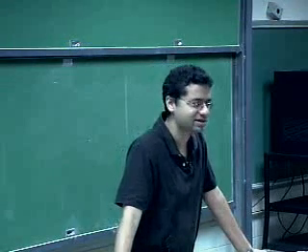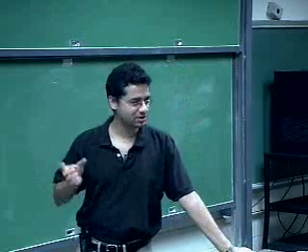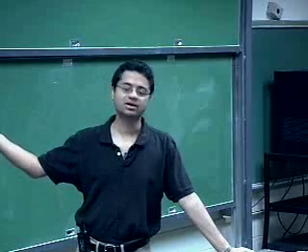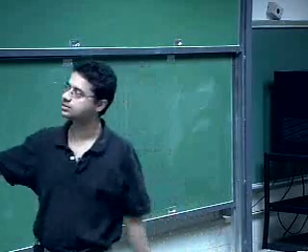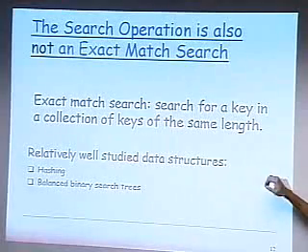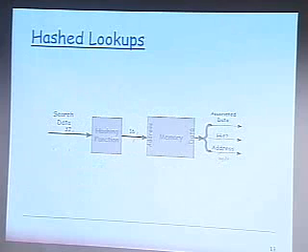So you can have an exact match search for a part of the prefix, but what you're really looking for is a match of a longer prefix. So if you're doing exact match search, then you have some well-studied data structures which use hashing or balanced binary search trees. So suppose you were doing an exact match search using hashing. How do you do it?